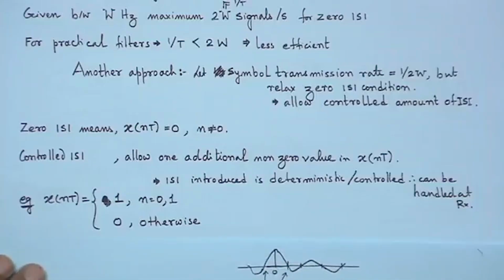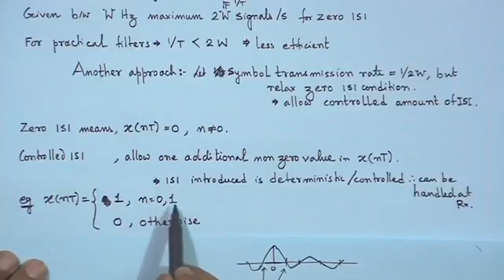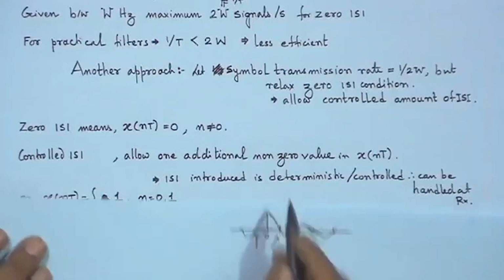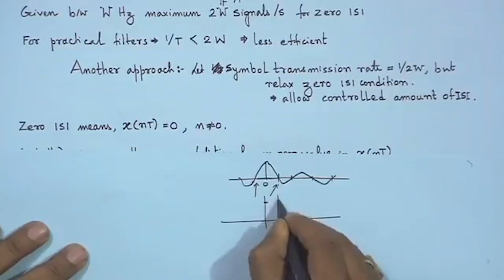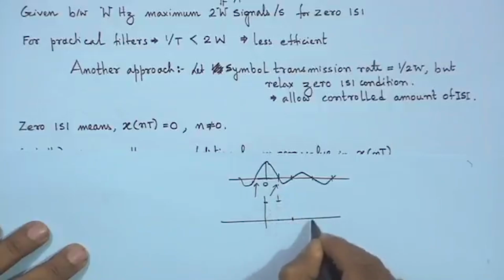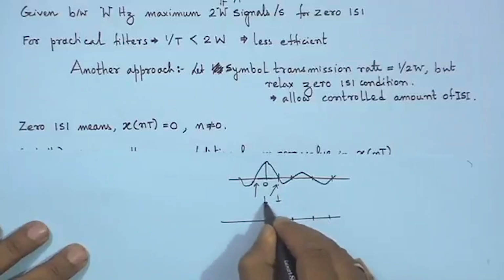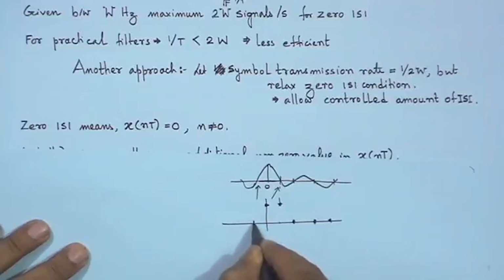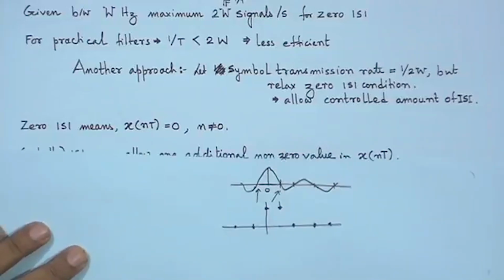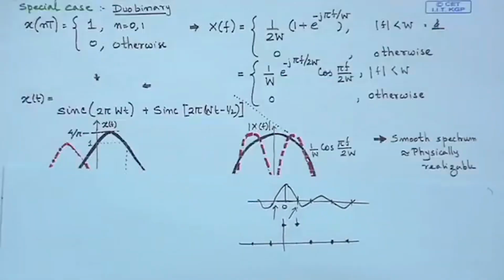So, if we say that x_n(t) is equal to 1 at n equals 0 as well as n equals 1, instead of this we are trying for a situation where it is 1 over here and 1 over here, and at all other places it is 0. That is what we are planning to introduce.